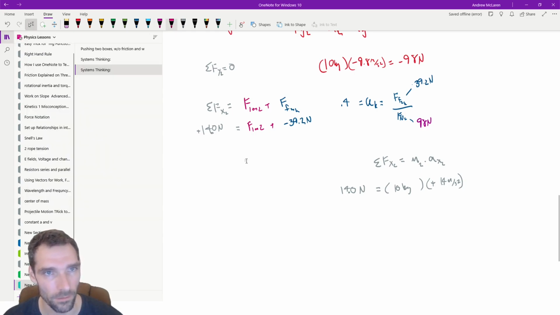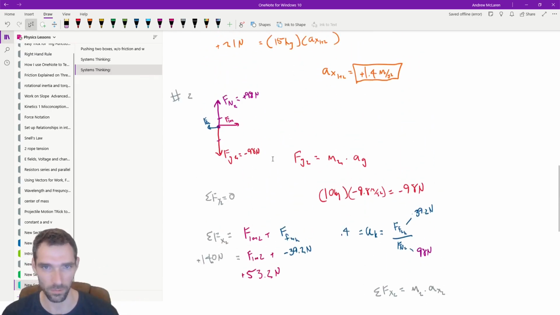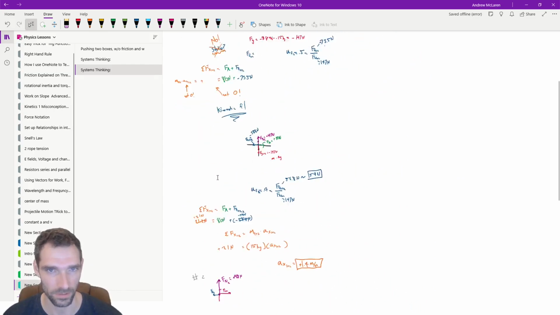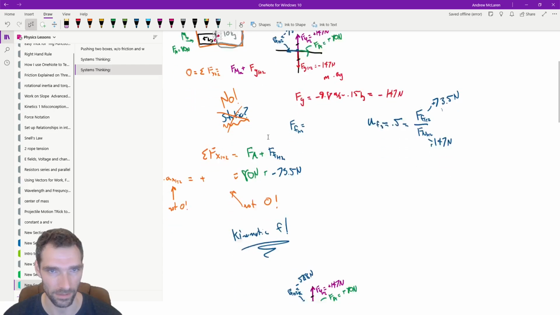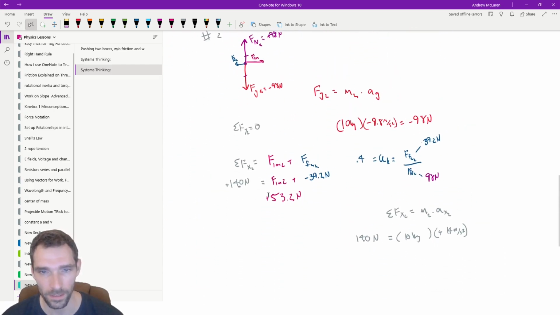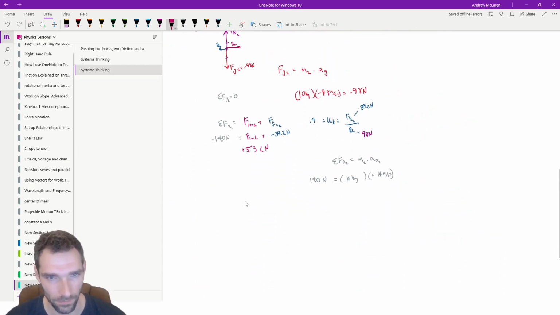So we're getting a value of 53.2 newtons. In this case, that is what's pushing object 2 to the side. So that's that guy right there. So we've got 53.2 for the force of object 1 on 2. And that seems to be a much more appropriate number to give us the relative amount of force that we need for object number 2.